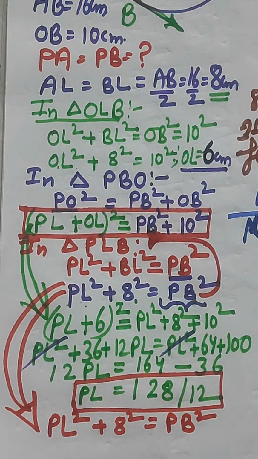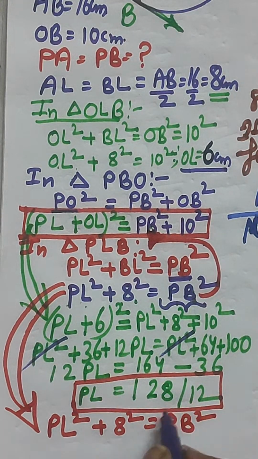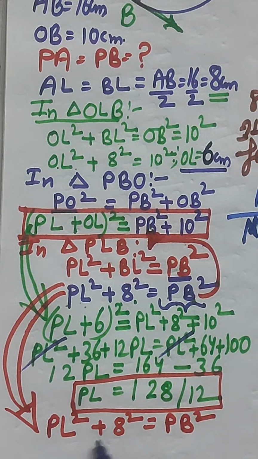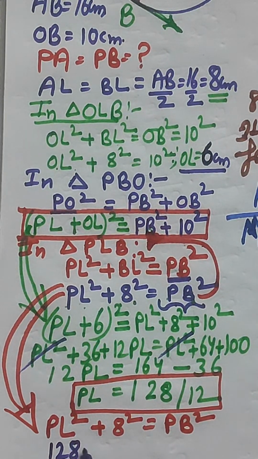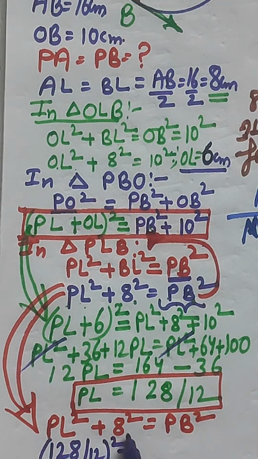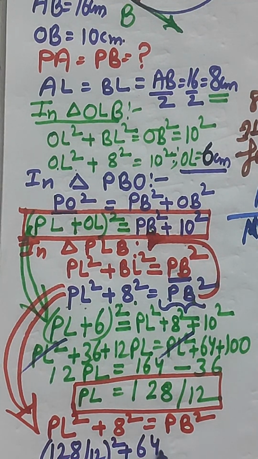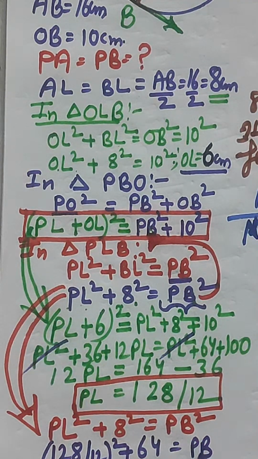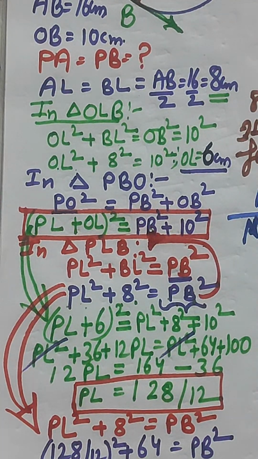From here, write the value of PL. PL is nothing but 128 by 12. So 128 by 12 whole square plus 8 square, which is 64, is equal to PB square, right?